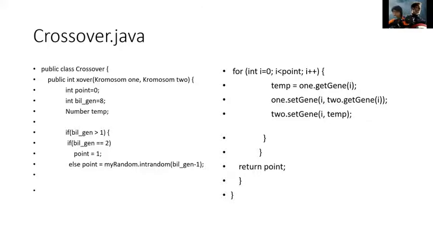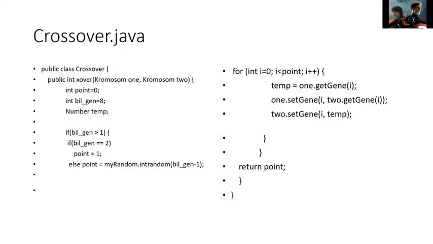After we have the point, we use a simple iterative loop. The fragment of the code is like for i equals 0 and i less than point. Let's say the point is 5, so i plus plus, and then we use a temporary variable to store the loop.